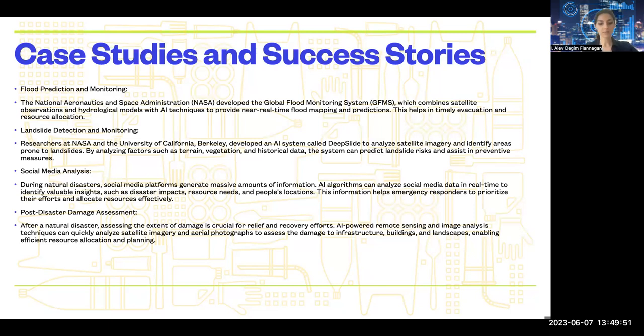successful ways. Now we can look at some case studies and success stories that demonstrate the potential of AI in solving environmental changes. For instance, AI-powered climate models have improved the accuracy of weather forecasts, helping communities better prepare for extreme weather events. Companies have used AI algorithms to optimize energy consumption, reducing costs and environmental impact. And AI-driven waste management systems have increased recycling rates and reduced landfill waste.